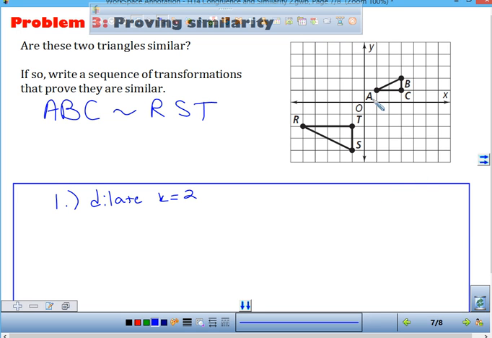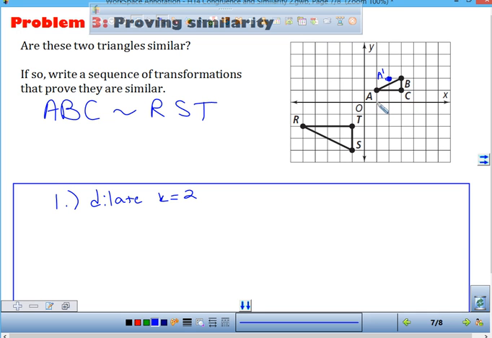And let's draw out our shape so that we can see what it looks like. 1, 1 is going to become 2, 2. Let's see, B is at 1, 2, 3, 3, 2.